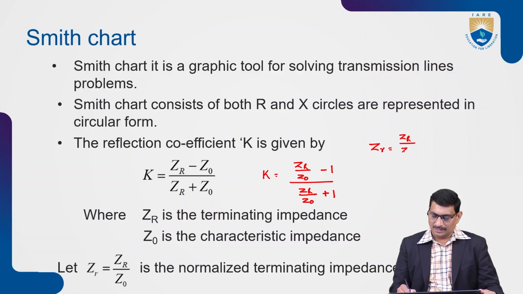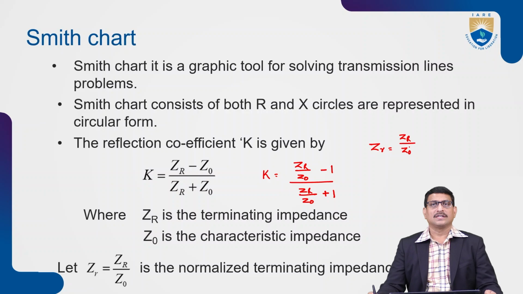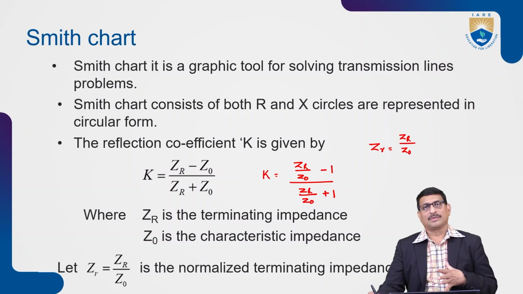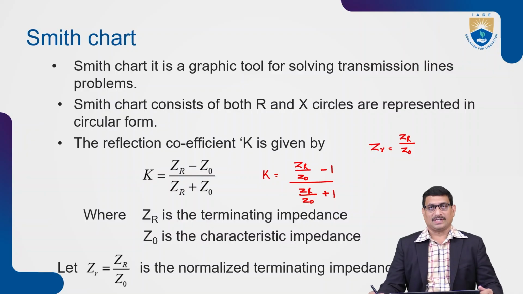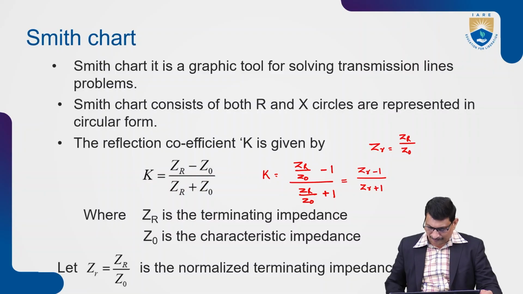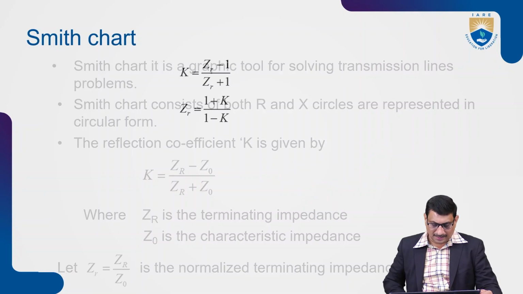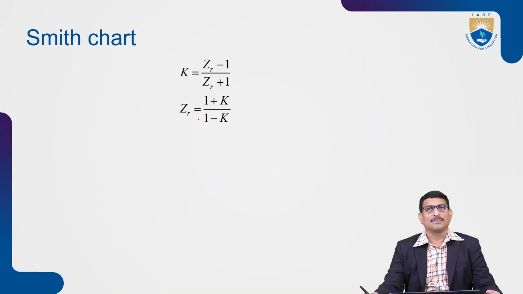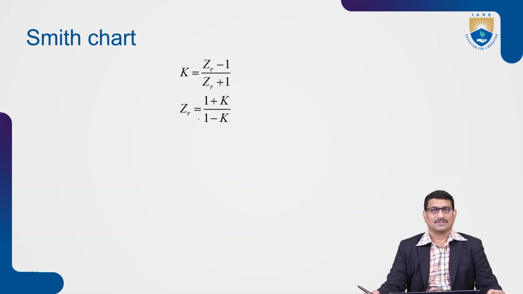We are taking the terminating impedance with reference to the characteristic impedance, and we call it the normalized terminating impedance. Then we can write the expression for the reflection coefficient as Zr minus 1 divided by Zr plus 1. Or, solving this equation, I can write Zr equal to 1 plus K divided by 1 minus K.